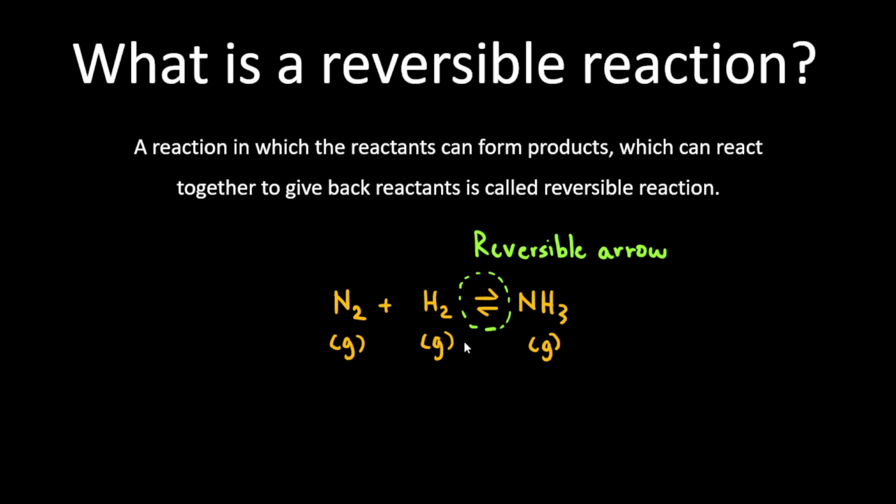Another thing you should know is that the forward arrow represents your forward reaction, and the backward arrow represents your backward or reverse reaction. So your forward reaction would be nitrogen and hydrogen reacting to form ammonia, and your backward reaction would be ammonia breaking down into nitrogen and hydrogen.